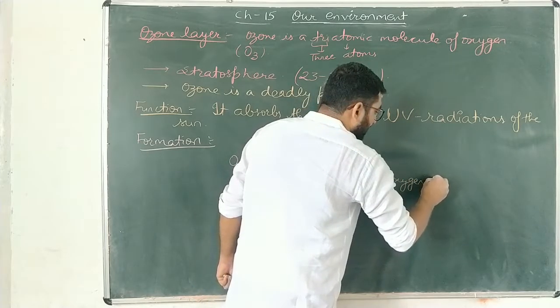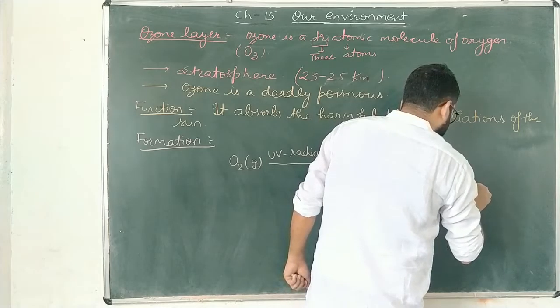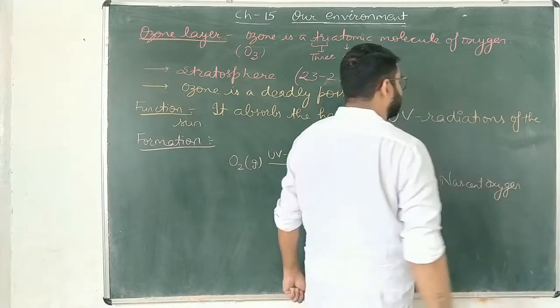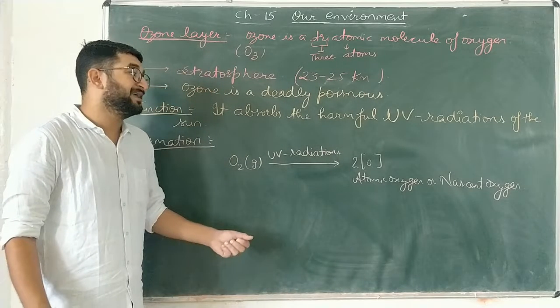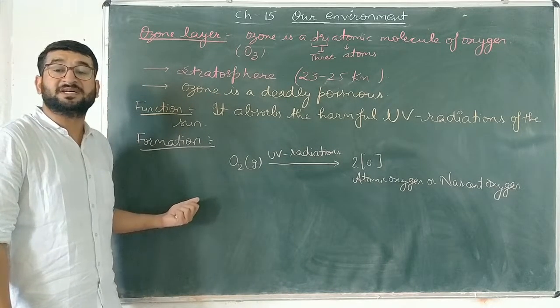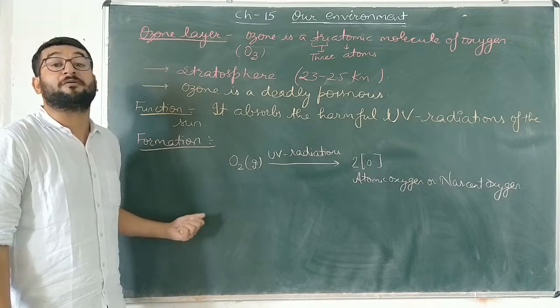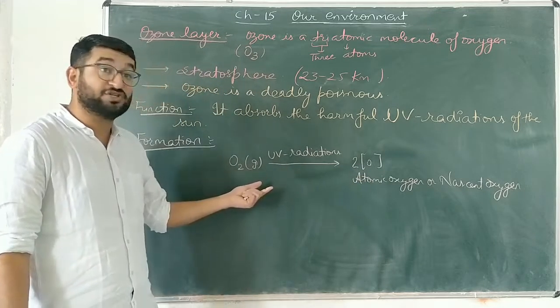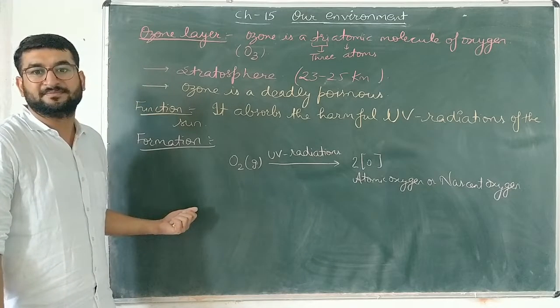This is also known as nascent oxygen. As you must have studied in the chapter Atoms and Molecules in your class 9th, oxygen is an element which does not exist in free form, in its atomic form, as nascent oxygen is highly oxidizing.